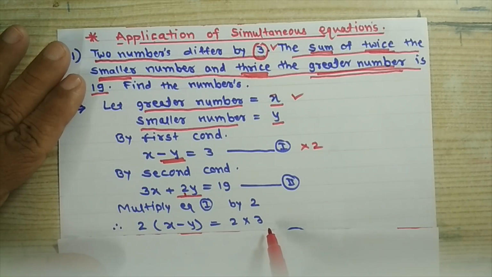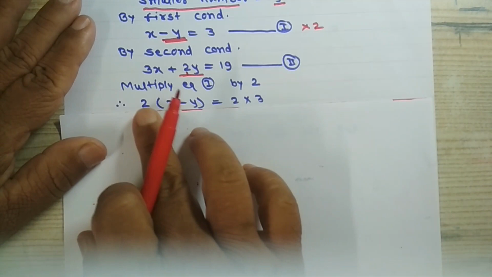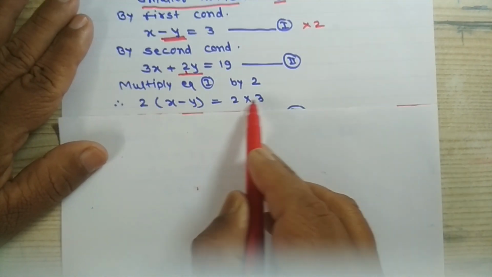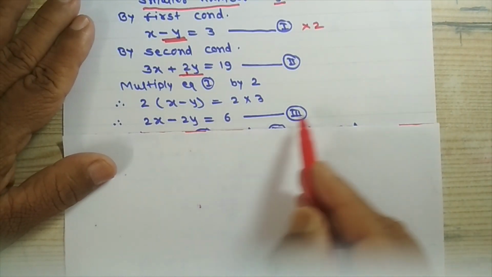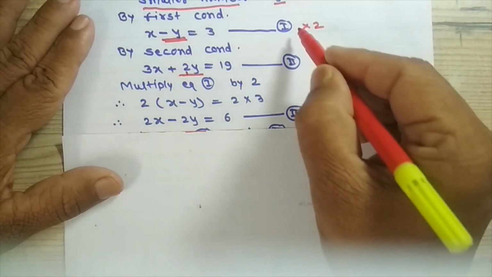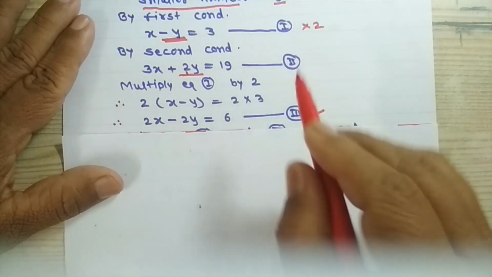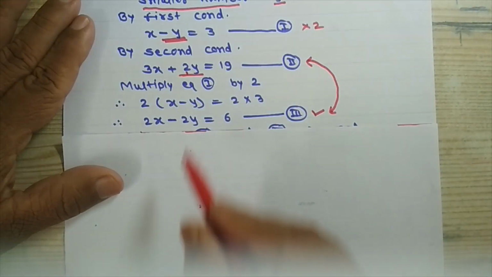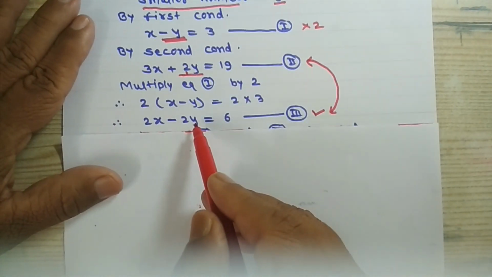That gives 2x minus 2y is equal to 6. That is equation number 3. We replace the first equation with this one. Now in these two equations, we have plus 2y and minus 2y, therefore we have to add these two equations.